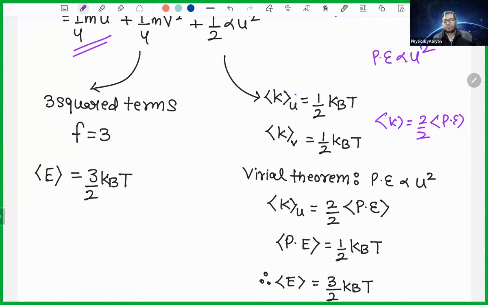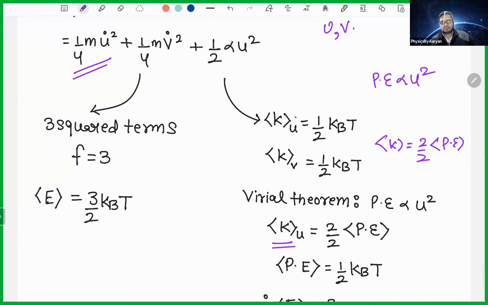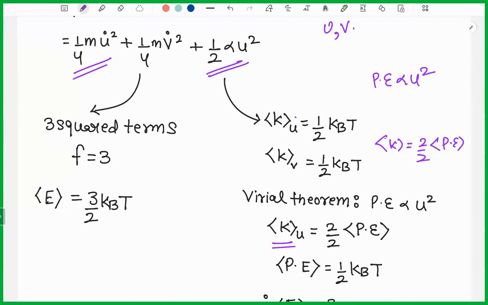So now I ask you the question: should I use the total kinetic energy here or only the kinetic energy because of u? Potential energy is only because of which? Only because of u, or both?